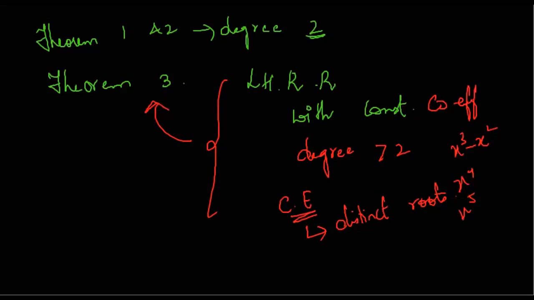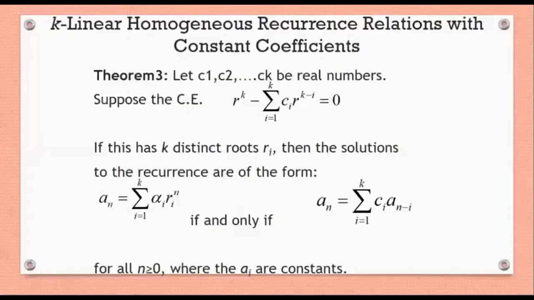Now based on that, let's see our theorem 3. A k-degree linear homogeneous recurrence relation with constant coefficients, where k denotes the degree.